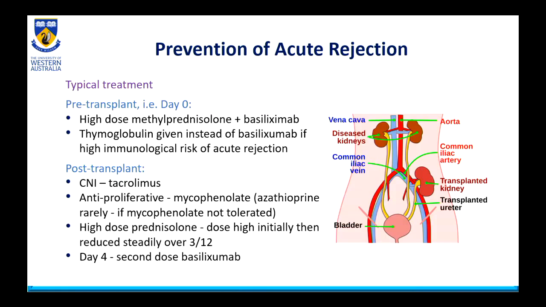So you can see how powerful these anti-inflammatory, immunosuppressive drugs are. There are so many of them given to these patients that their immune system is going to be absolutely wiped out. So you can see that these guys are going to have to be very, very careful for the rest of their life.